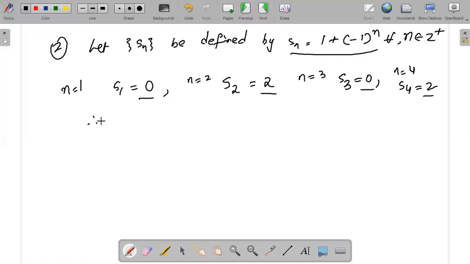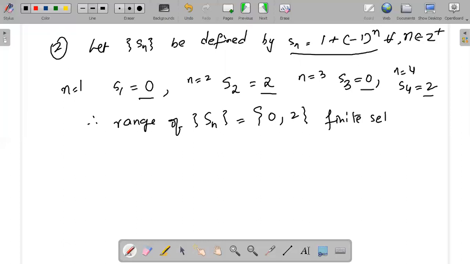Therefore let us write the range of this. The range would be 0, 2. And is it finite? Yes, it is finite. It is a finite set. This serves our purpose. Now we found the range. Now is it bounded? Yes, it is bounded.